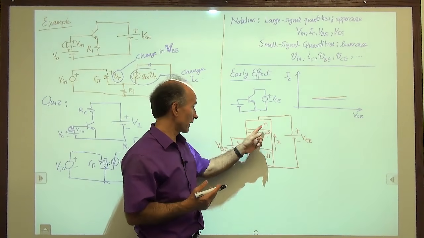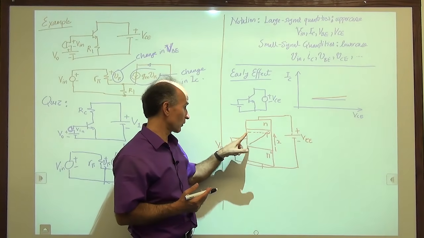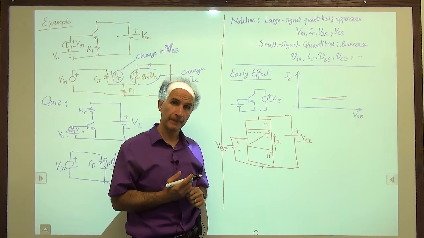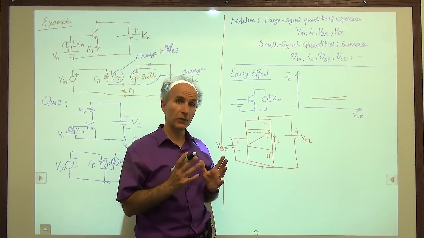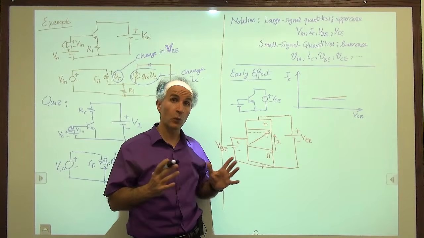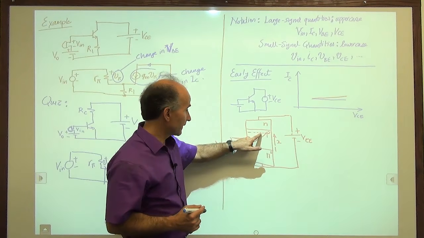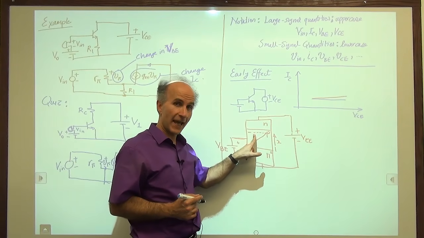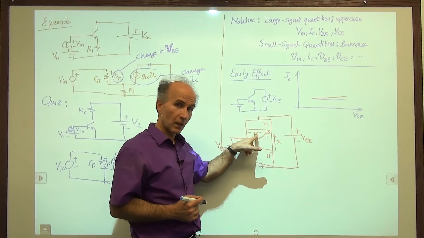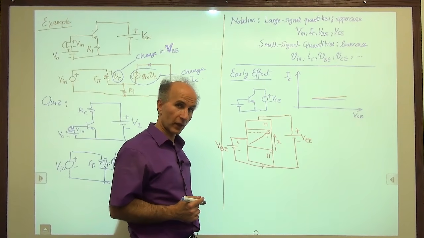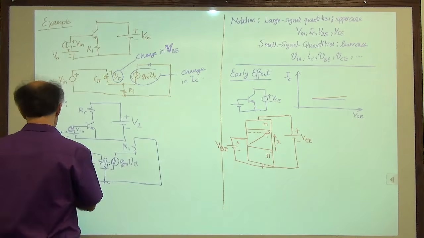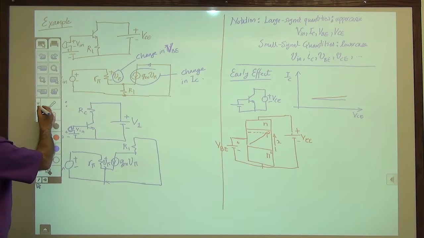As this voltage goes up, we have more reverse bias because this is more positive than this. Well, we said that the depletion region around the junction becomes wider. So as VCE goes up, this dashed line, which represents the edge of the depletion region, goes away from the junction, meaning that the depletion region becomes wider.